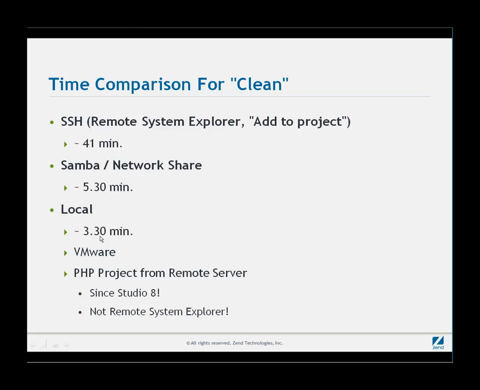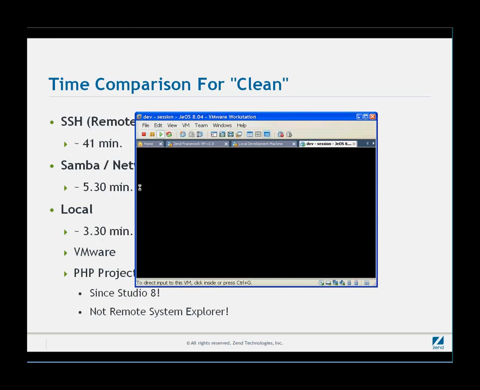There are other ways that you can rearrange your project in order to get even more benefit, or to work locally, if you still want to have a shared development environment. That's to use VMware. Here is a VMware image, and this is the one that I was using to provide me a Samba share and also SSH.